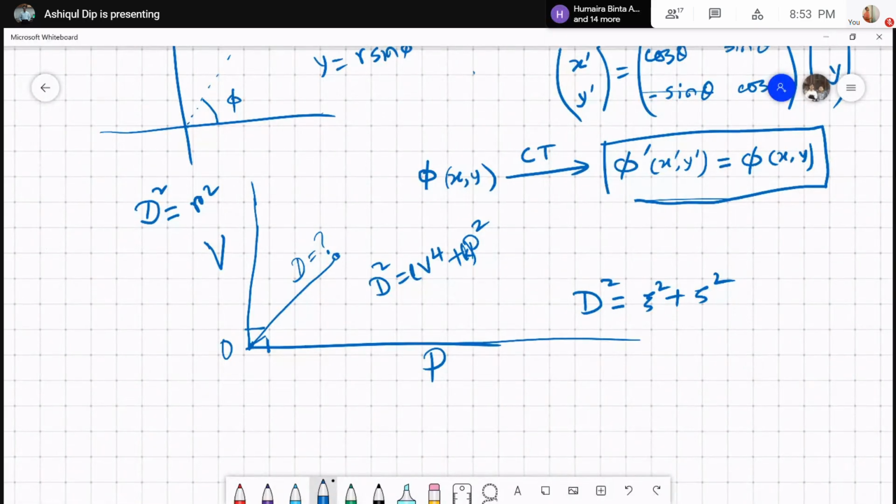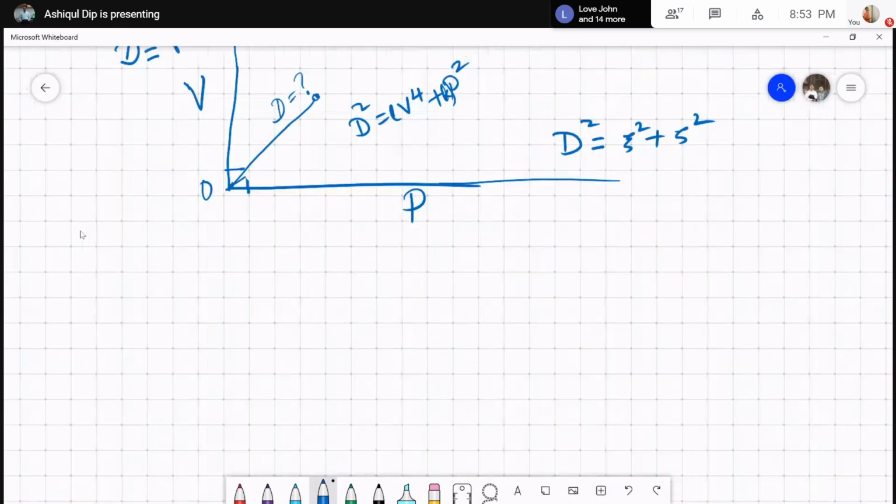Not all spaces have a notion of distance. Okay, let's go to the next thing.